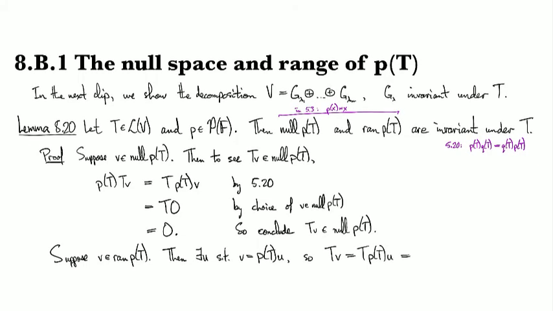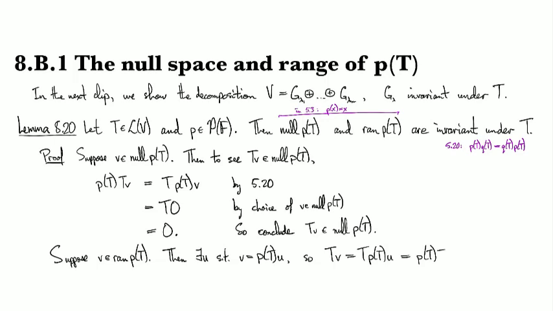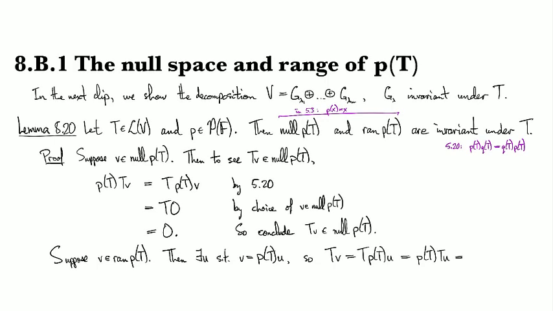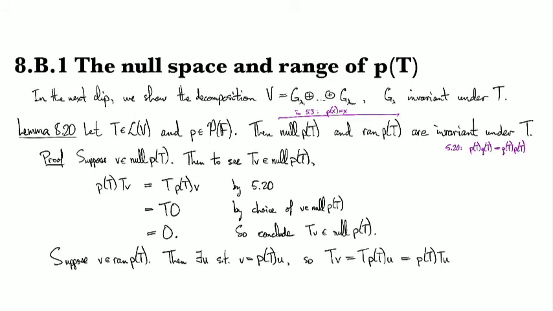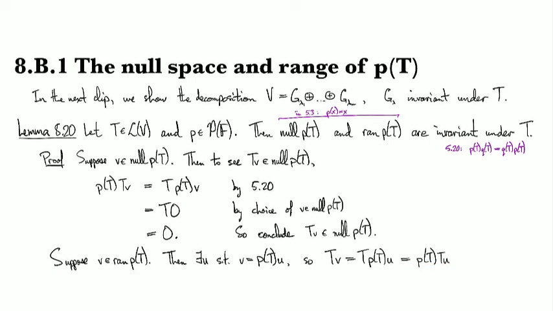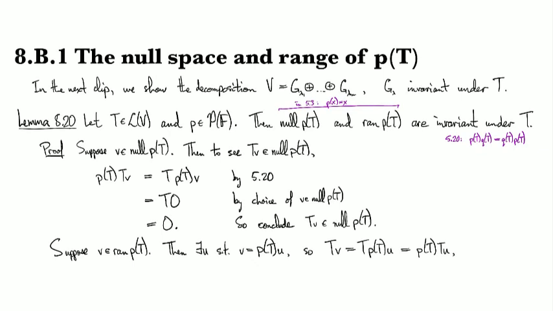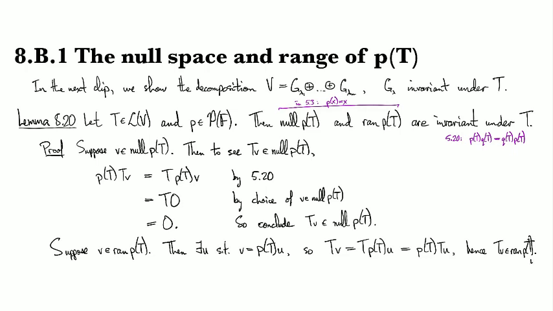But again, we can interchange them by 5.20, so that's P(T)Tu. What this says is that Tv looks like P(T) applied to something, so that means that it's in the range. And we are done.